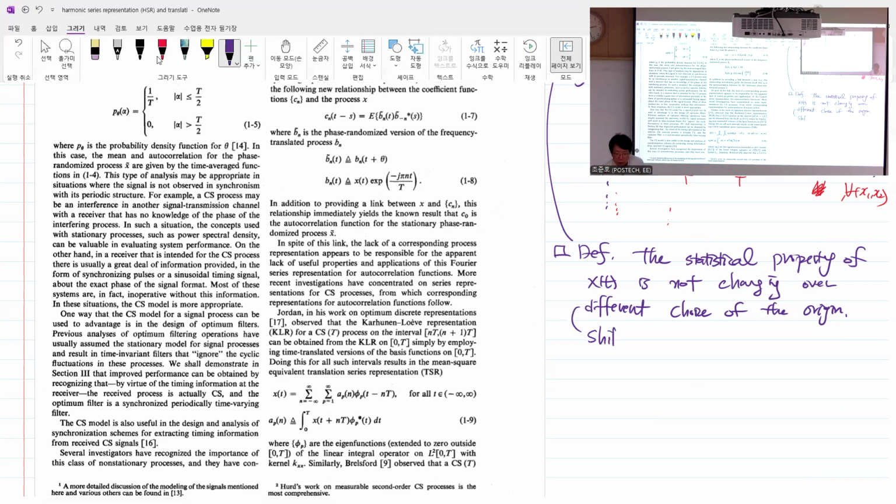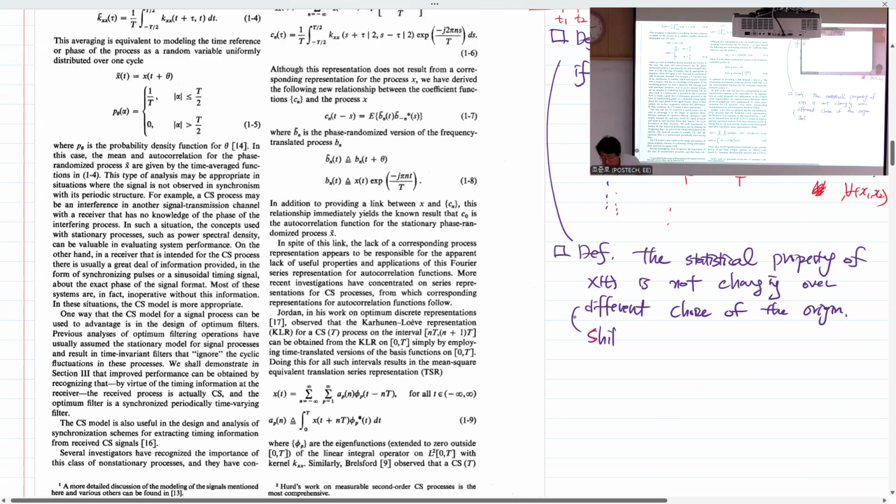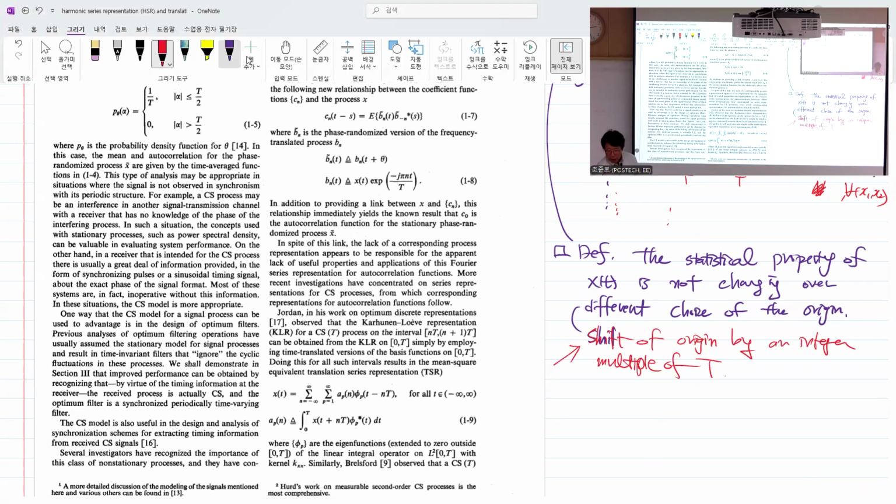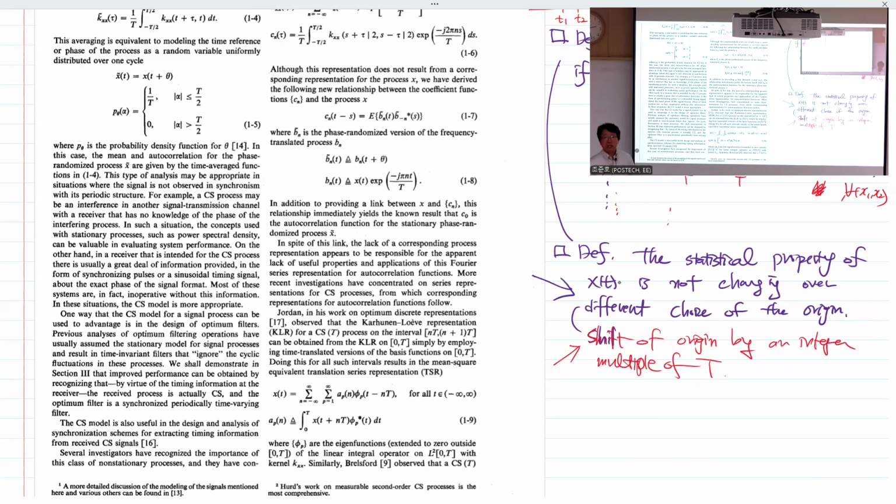A second, let me use this one. Time origin by an integer multiple of capital T. Okay. So this is for strict sense cyclostationarity, and that is for strict sense stationarity. Got it?